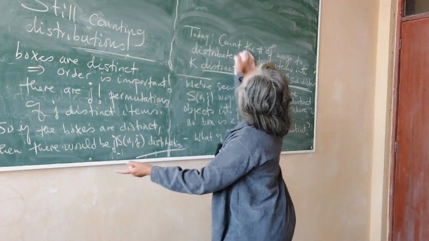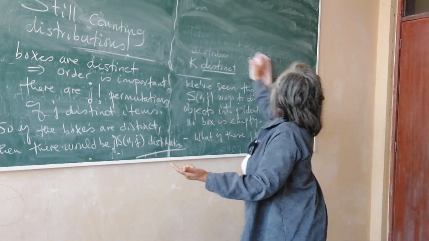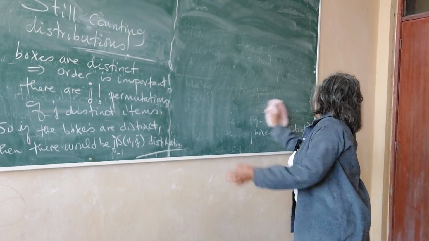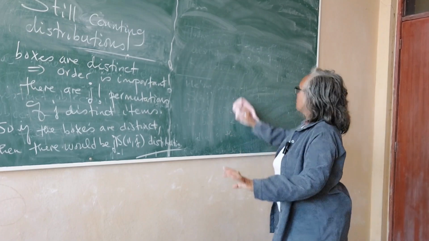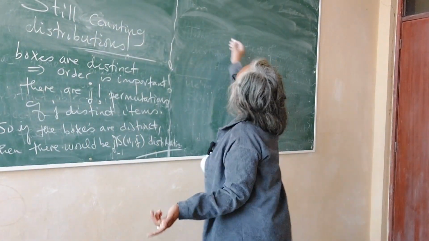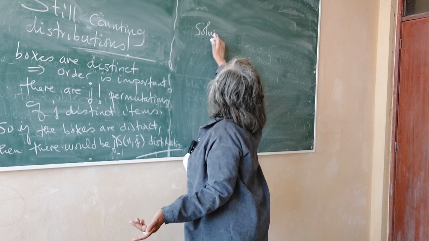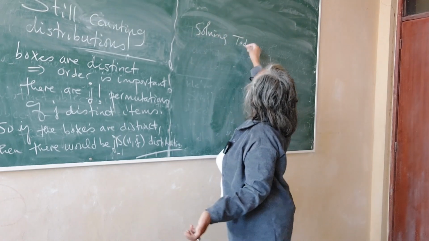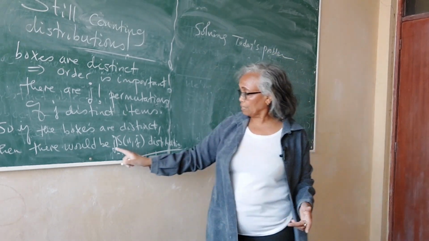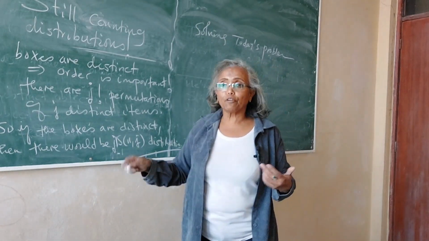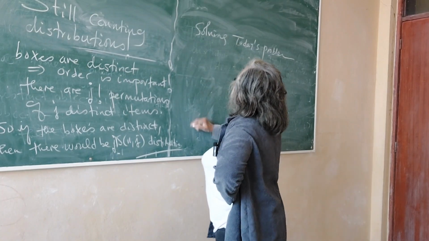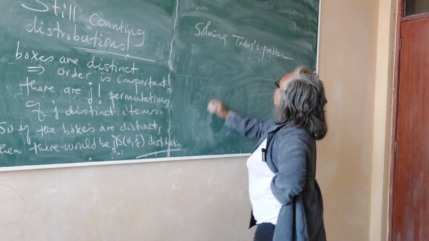So now we are ready to solve today's problem, the case where we don't care which box remains empty or not. We have seen that for each j, we have j factorial times S(n,j), and we remember we had a sum to solve last time's problem.